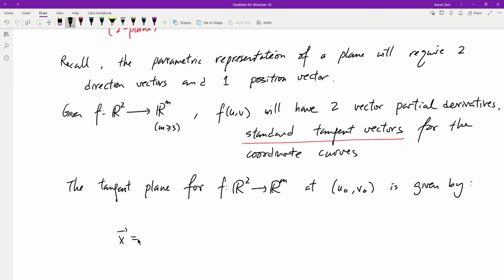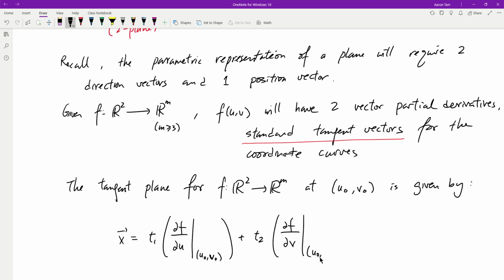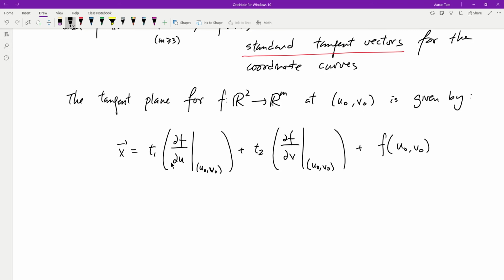Vector x equals, notice it's vector x equals, which indicates that we have a parametric representation, t sub 1 multiplied by df over du evaluated at u sub 0, v sub 0, plus t2 times df over dv evaluated at u sub 0, v sub 0, plus f of u sub 0, v sub 0.